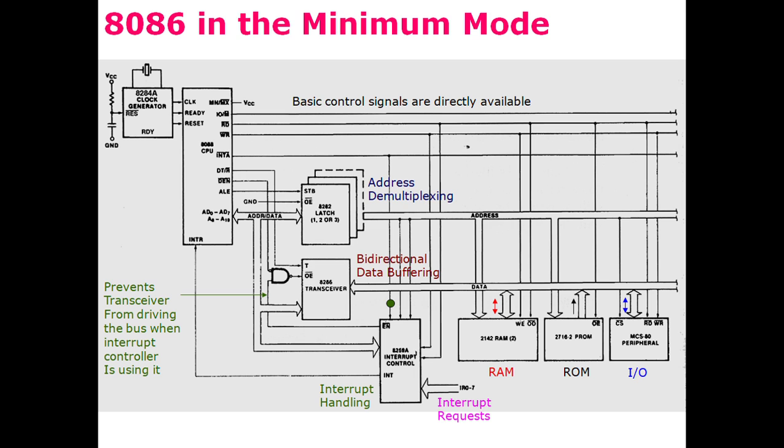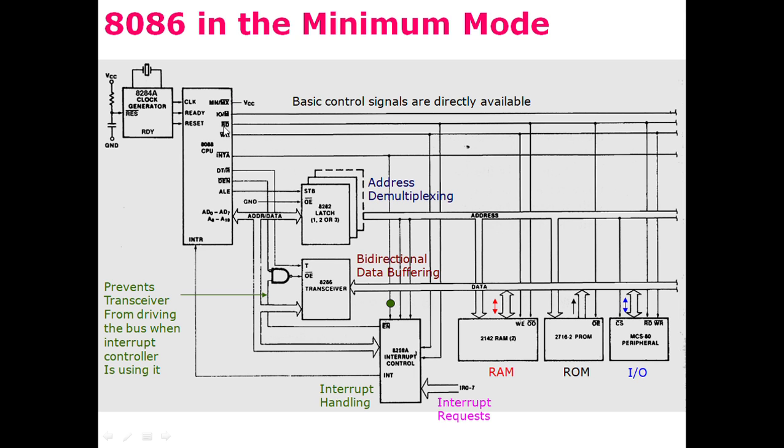The clock, ready, and reset outputs of the clock generator are connected with the clock, ready, and reset inputs of the microprocessor. In this mode, all of the control signals are generated by the microprocessor itself. Here we can see the control signals are directly generated by the microprocessor.